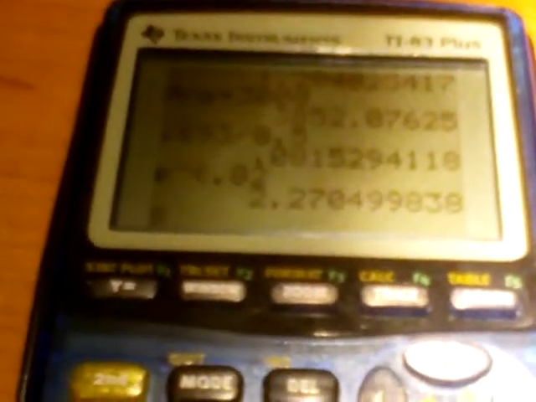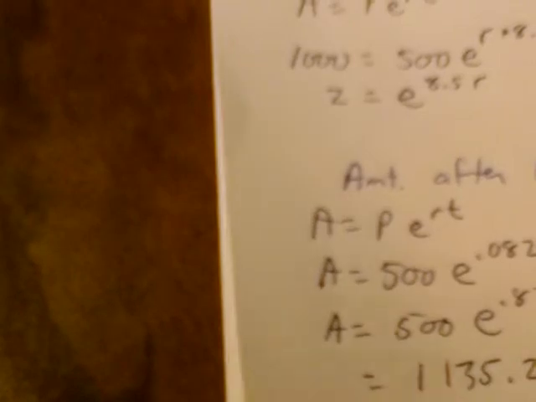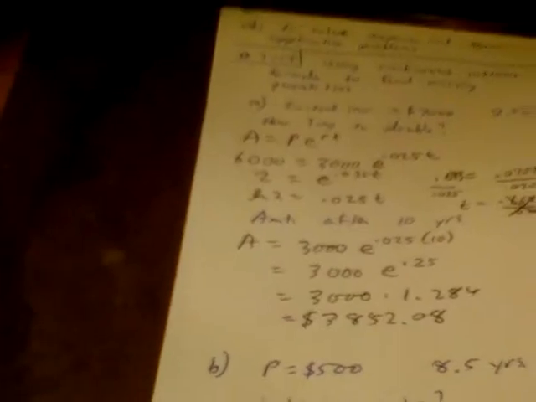And we're going to multiply that by 500. And we have $1,135.25. So that's how much money we're going to have after 10 years. All right, so those are problems like 7 through 14.